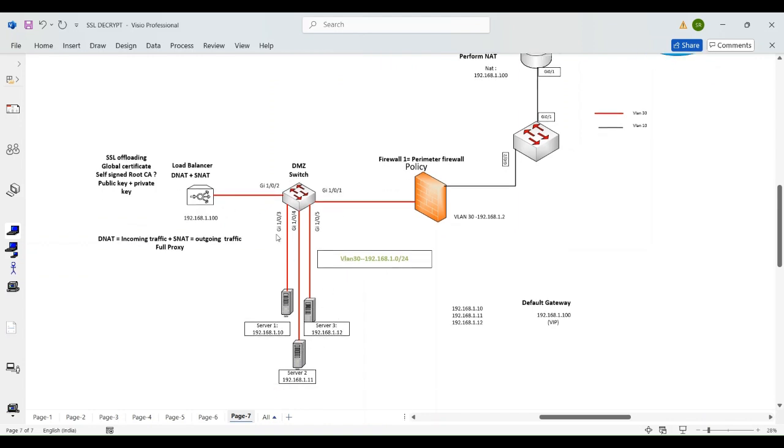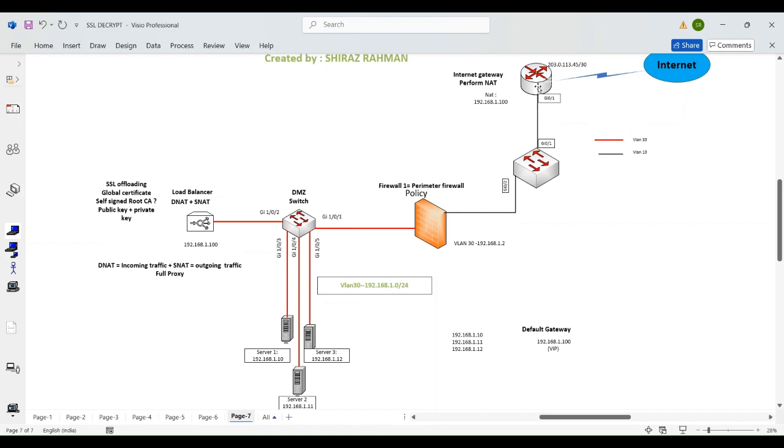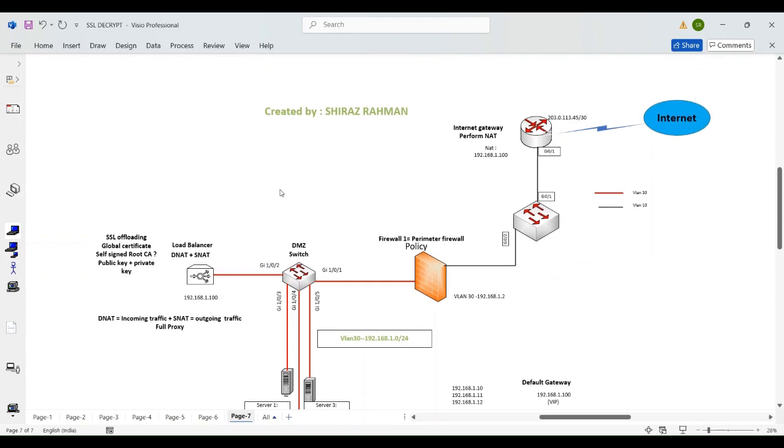The server will respond back via the load balancer, then it will go to the firewall, and the firewall will forward to the router, and it will go outside. So this is the high-level flow of how the communication would be done.